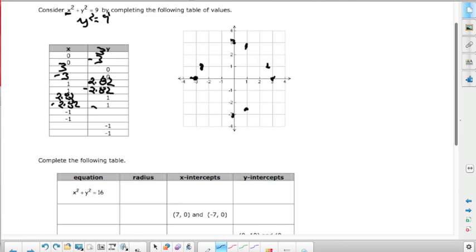So we get 2.82 and negative 2.82. I'm going to plot that. So x is negative 1. I'm going to have a point right here and a point right around here. And finally, when y is negative 1, what are my values for x? Same thing.